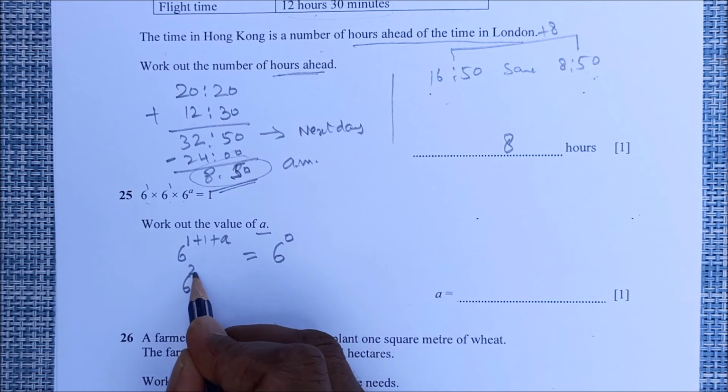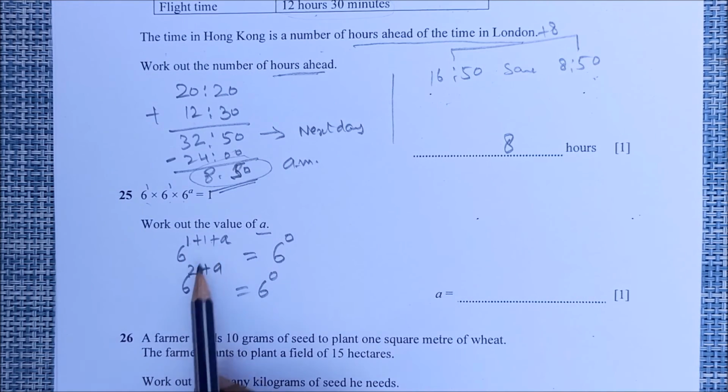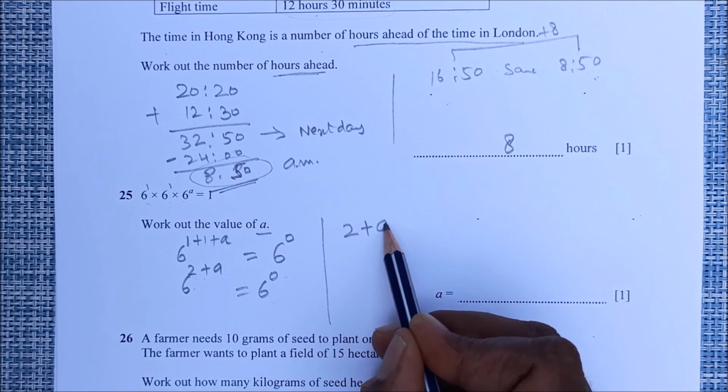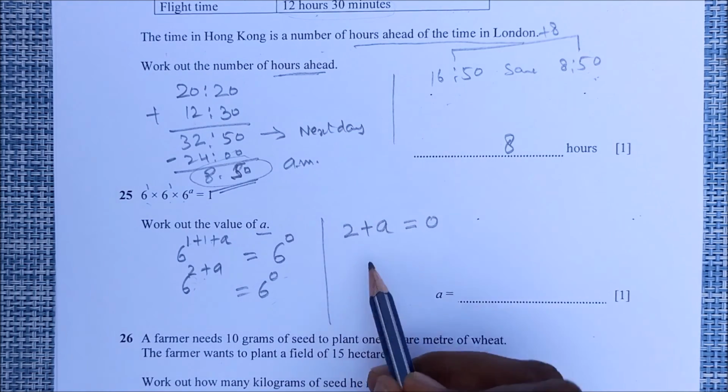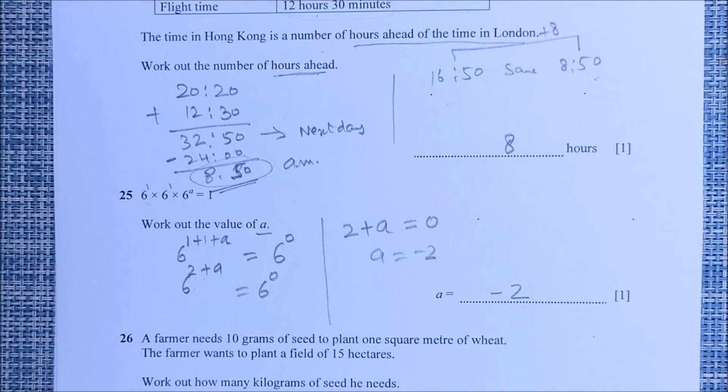So this is 6 power 2 plus a equals 6 power 0. 1 plus 1 is 2 here. Now you can see the base is the same, so we can take the exponents equal. So a is negative 2. So the value of a is negative 2.